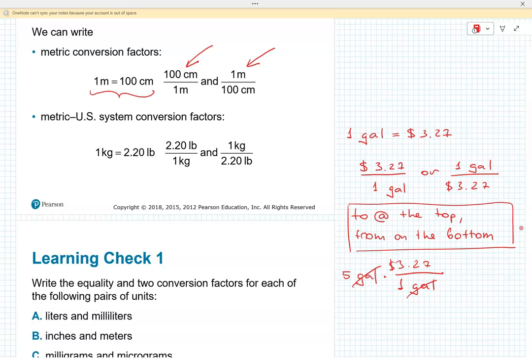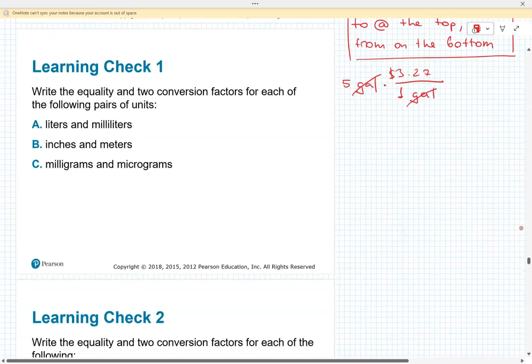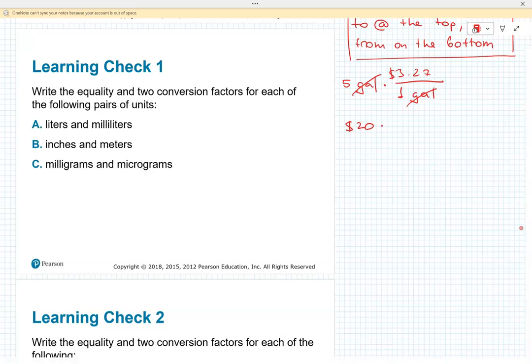Here's another thing. You have $20 in your pocket. How much fuel can you buy? So, you have $20. You have to go from dollars to gallons, right? Am I making sense?